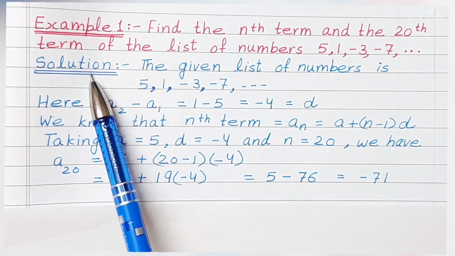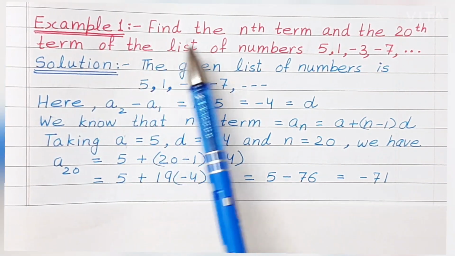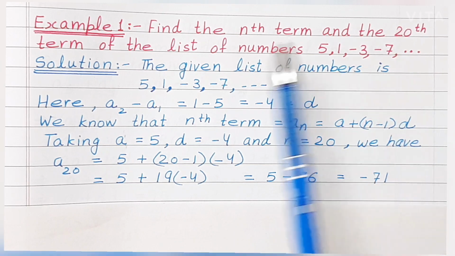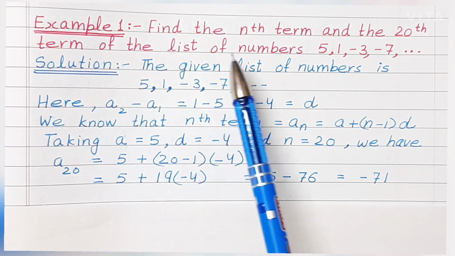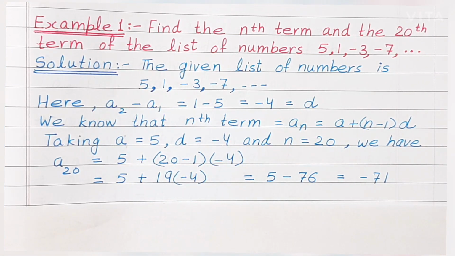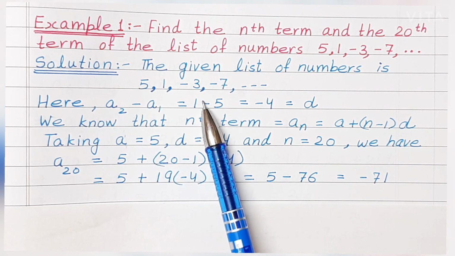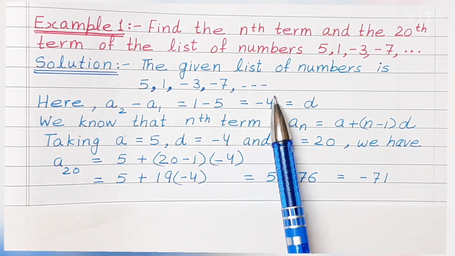Example number 1 is, find the nth term and the 20th term of the list of numbers 5, 1, minus 3, minus 7 and so on.